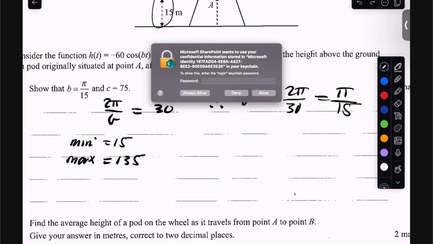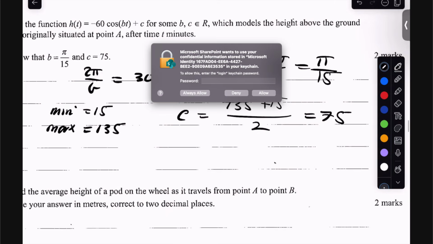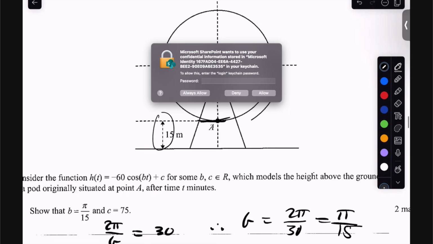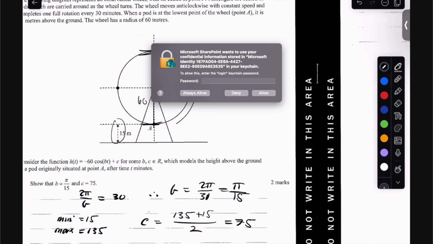It should be the mean position. So C is equal to 135 plus 15 on 2, and that's 75. That's going to be the mean position between this point and this point. All right, so we go up and down by 60.